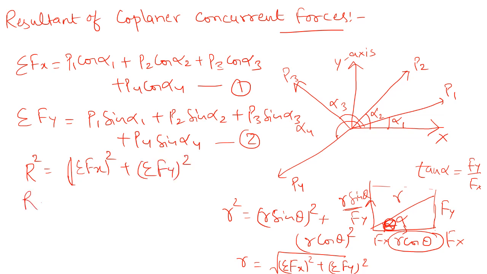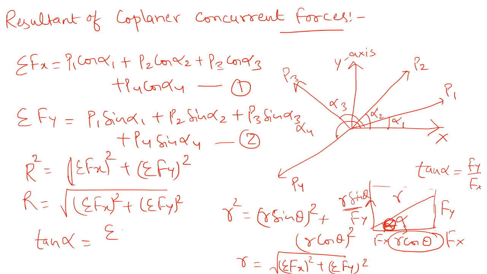So R equals under root sigma Fx square plus sigma Fy square, and tan alpha, or tan theta, maybe you can put anything, tan alpha is sigma Fy upon sigma Fx. So this is your equation 3 and this is your equation 4, and in this way you can find out the resultant of coplanar forces and the angle at which this resultant should act.